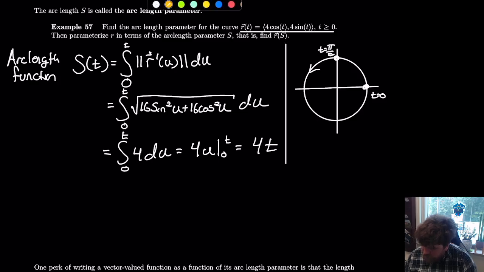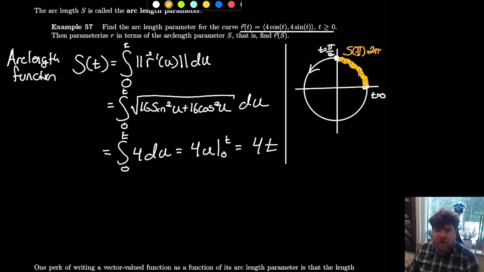But what our arc length function tells me is that if we start at t equals 0 and go up to t equals pi over 2, this little piece of arc length, s of pi over 2, is going to be 4 times pi over 2, which is 2 pi. So the distance that we need to walk along our circle to get from the point 4, 0 to the point 0, 4 would be a distance of 2 pi.